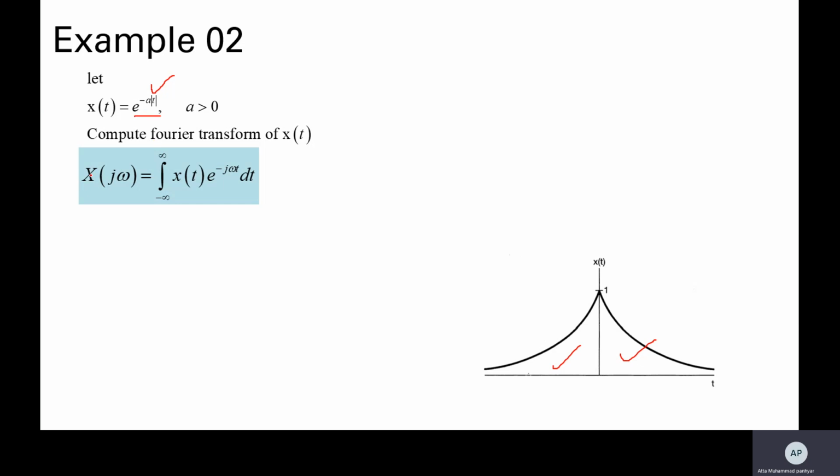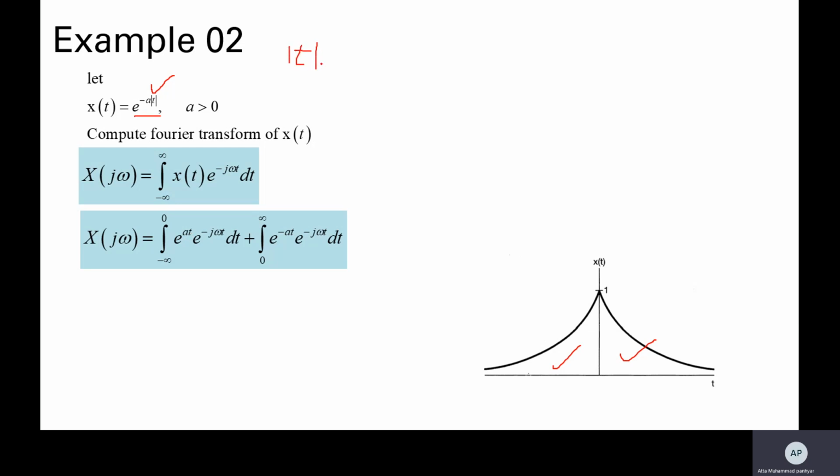We know the equation would be the same, and now we integrate from minus infinity to plus infinity. When we wish to solve for absolute t, we replace it with minus t when t is less than 0, and positive t when t is greater than 0.